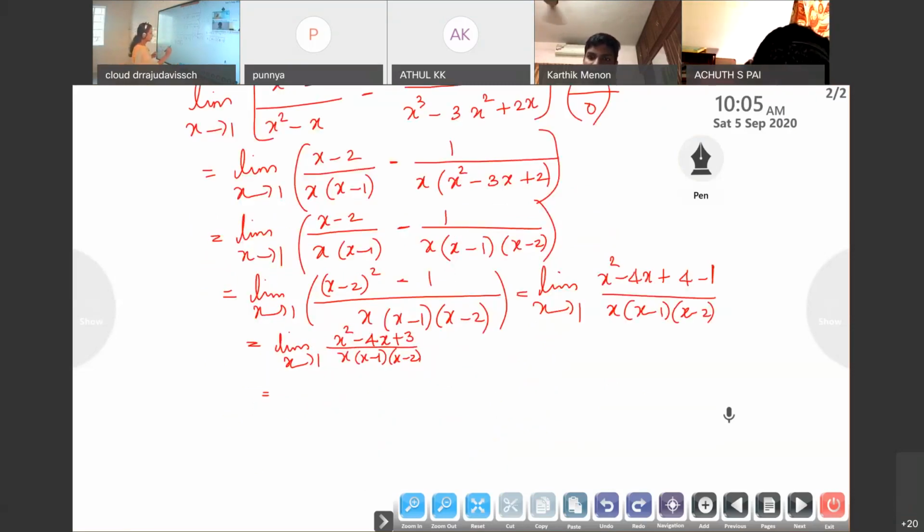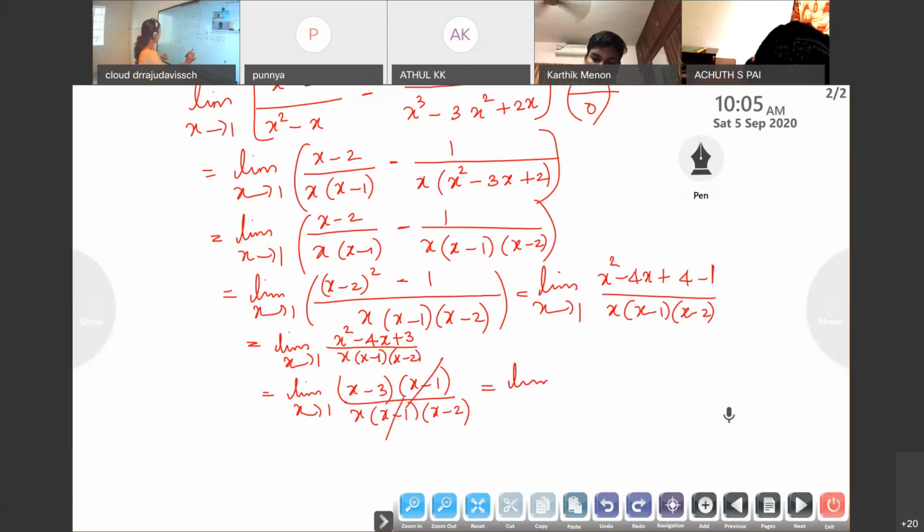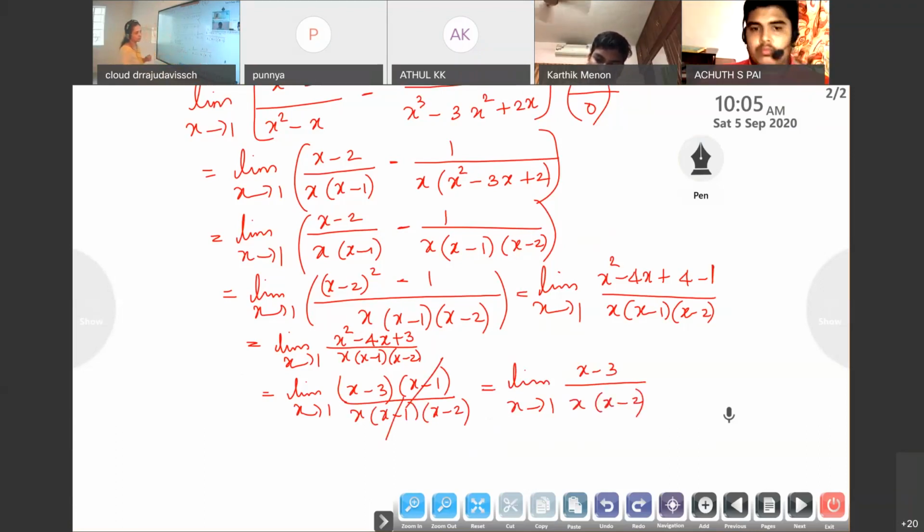This we can factorize as x minus 3 into x minus 1 by x into x minus 1 into x minus 2. Now here x minus 1 will get cancelled. So what is left is limit x tending to 1 of x minus 3 by x into x minus 2.